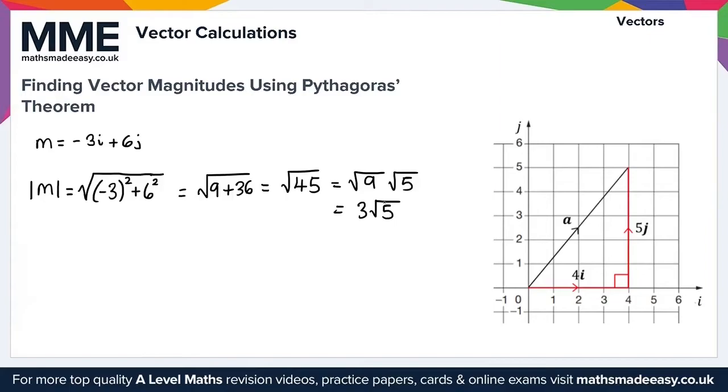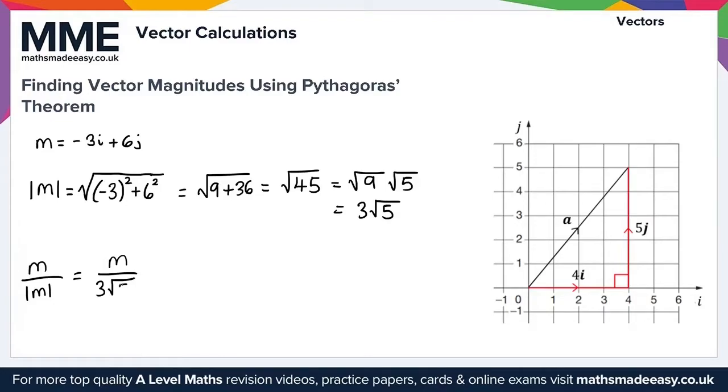So therefore, the unit vector in the direction of m is given as m divided by the magnitude of m. In that case, this is simply going to be m divided by the magnitude, which we just found to be 3 root 5.